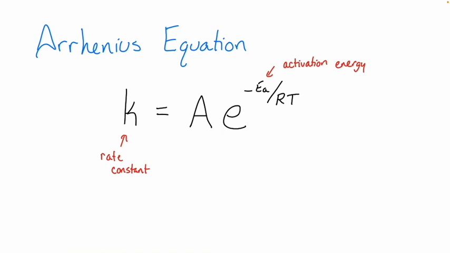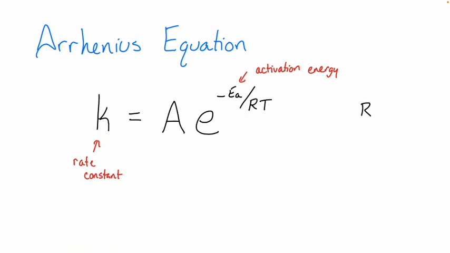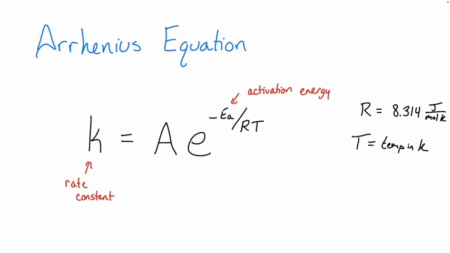R in this equation is just our go-to ideal gas constant, 8.314 joules per mole Kelvin. T is the temperature in Kelvin. Then our last missing variable is this constant out front, A. We call this the frequency factor.